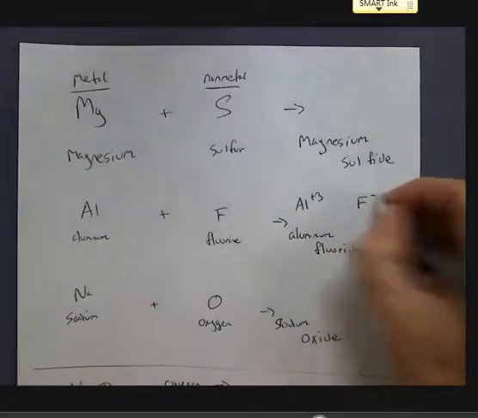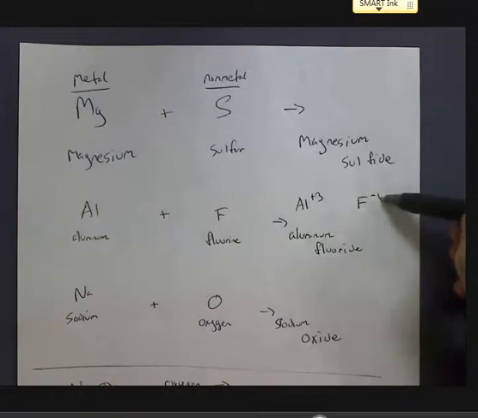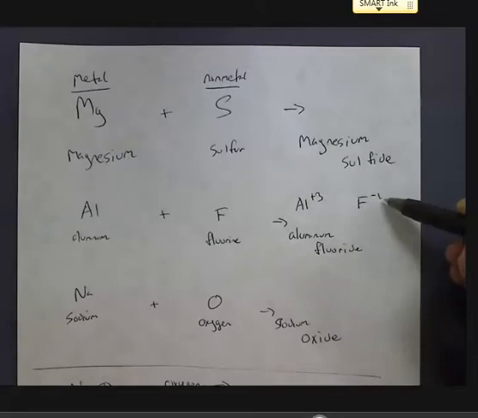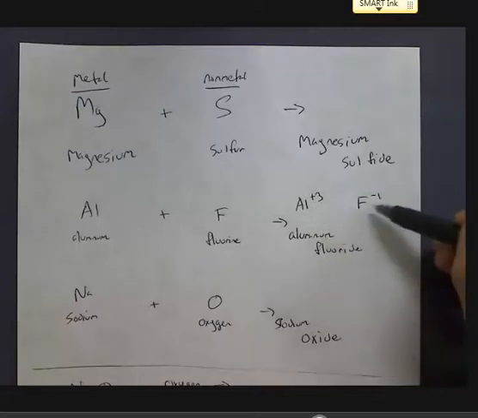Well, here's the deal. When ionic compounds form, the idea is not just to attract positive and negative, but to cancel them out. So these three positives somehow need to get balanced out by an equal number of negatives. If I've got three positives coming from aluminum, I'm sure you can tell me how many fluorines I'm going to need to balance that.